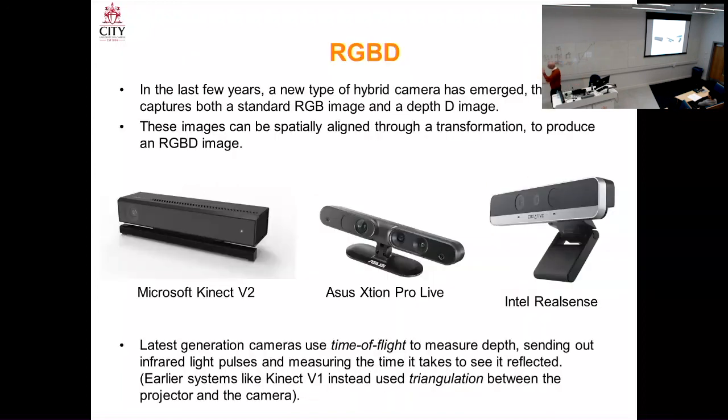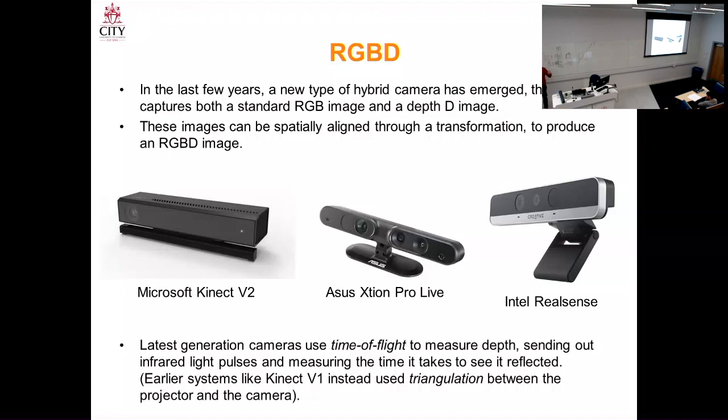Okay, before I wrap up, I just want to talk about one more thing, which is RGBD. So far in this class, you've been learning about RGB images. But recently, there have been some new devices that have come out, like the Kinect, for example, that measure depth from the camera.